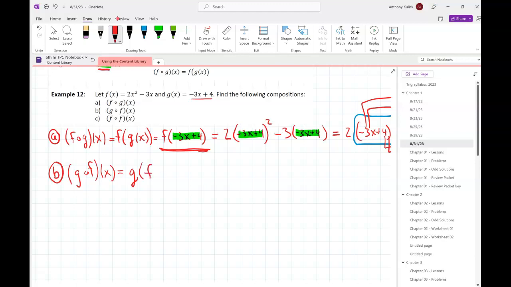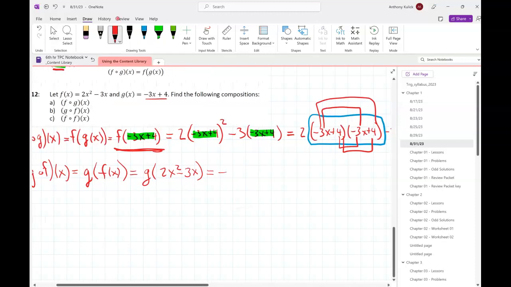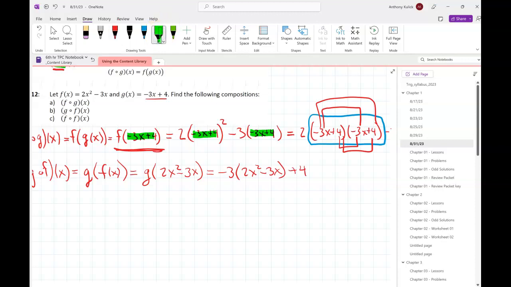Let's find out. So G of F of X, and F was 2x squared minus 3x. So everywhere in G, I'm going to replace the x with F. So again, that F went into place of G, or went into the X in G. And now to simplify, this is a much easier problem, right?